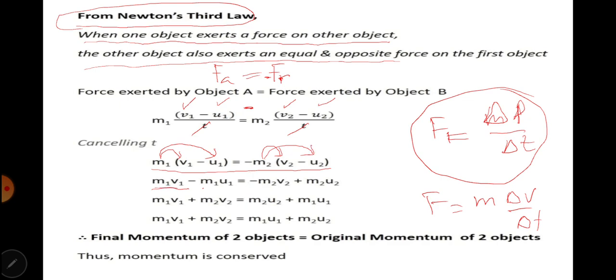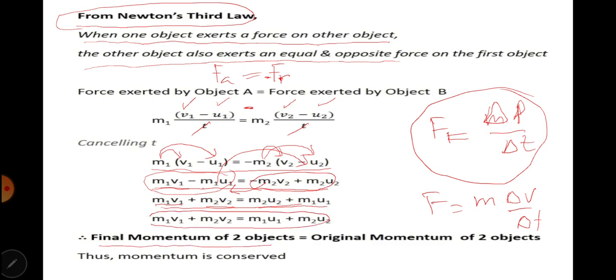So you will get this statement. The negative term is transferred to that side, and the negative sign becomes positive. So we get this after simplification.